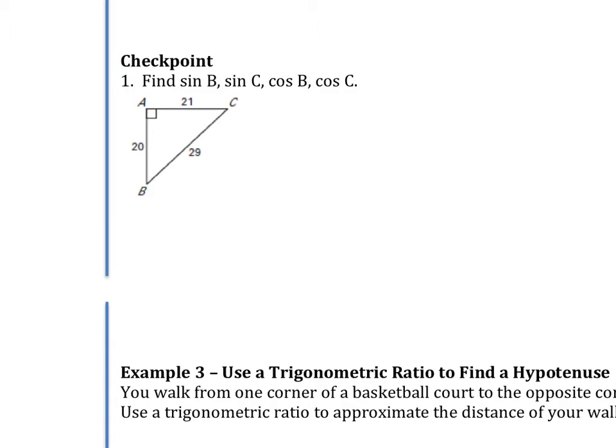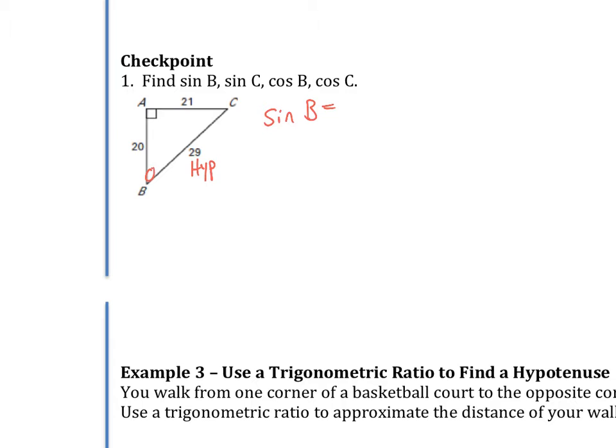So in the checkpoint, we're going to find the sine of B and the sine of C, cosine of B and cosine of C. So let's start with the sine of B. So here's B, and I always like to start by labeling the hypotenuse. The hypotenuse is opposite the right angle, so opposite angle A is 29. So the sine of B is opposite over hypotenuse.